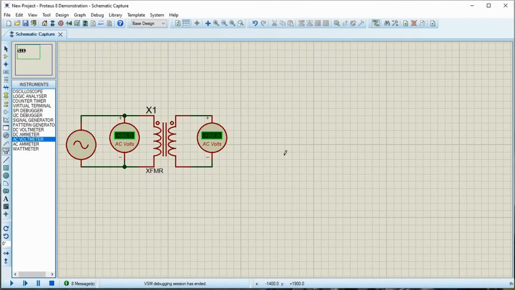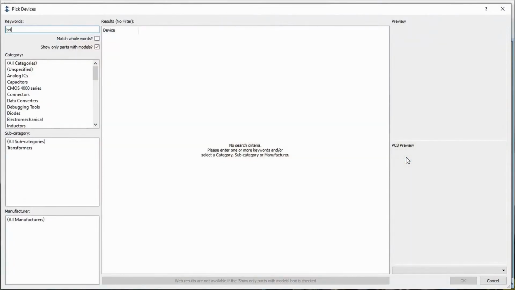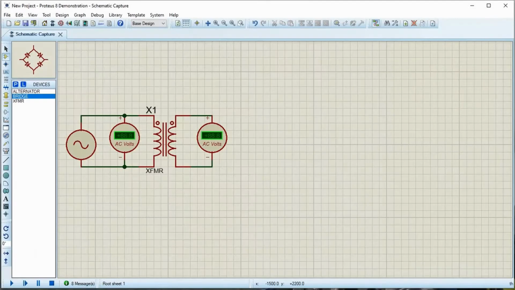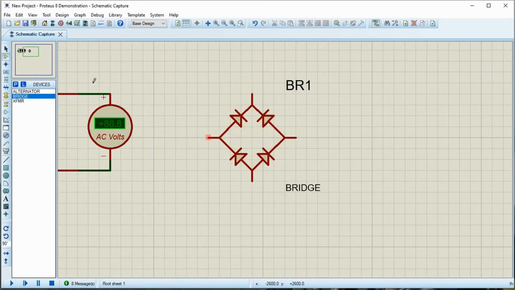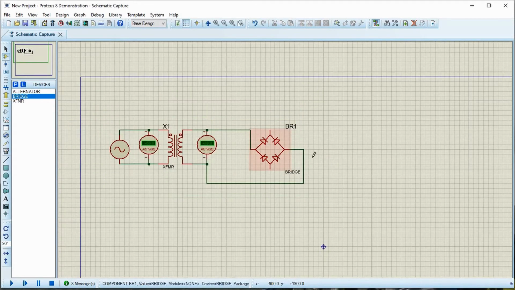After this, as we discussed earlier, we have to put a bridge rectifier. This is one of the AC inputs, and this is the other AC.